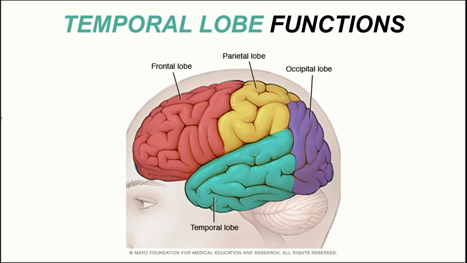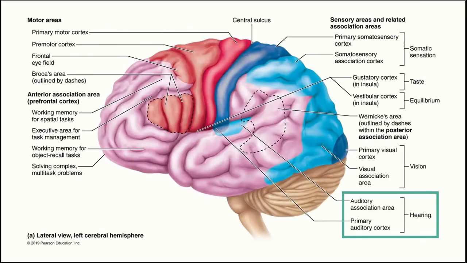So continuing on with the lobes of the cerebrum, we'll take a look at the functions of the temporal lobe, which is highlighted here in teal, and it makes up essentially the lateral part of the cerebrum, deep to the temporal bone and above the ear.